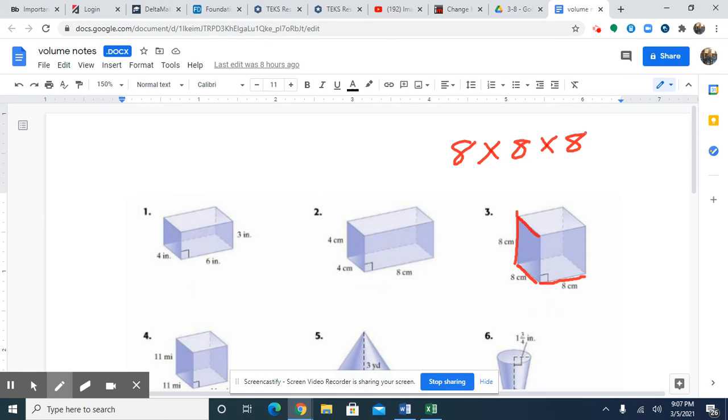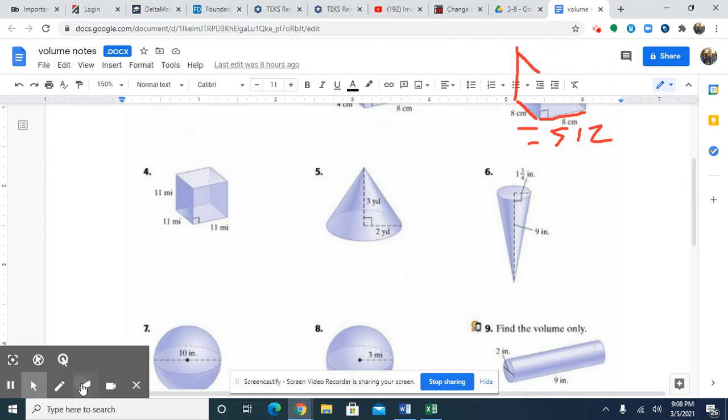We can say that this is equal to 8 to the third power, or another way of saying it is 8 cubed. This is where the term cube comes from. When we cube something, we are finding the volume of a cube with those sides. So 8 times 8 times 8, or 8 cubed, is equal to 512.